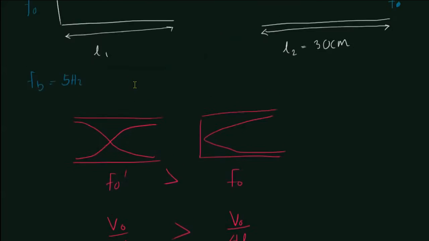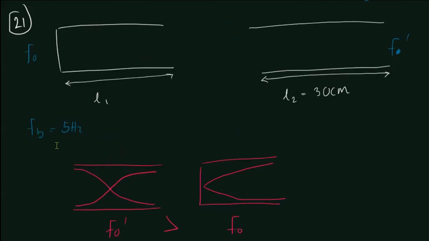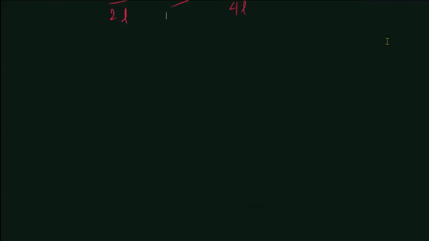Just using that knowledge, I'm going to write this equation. I'm going to assume this guy is higher. If we do not assume this, we're going to get two equations, since sometimes the other might be higher. So to avoid two answers, I'm going to go with this. It's up to my decision. I'm going to write f naught dash minus f naught.